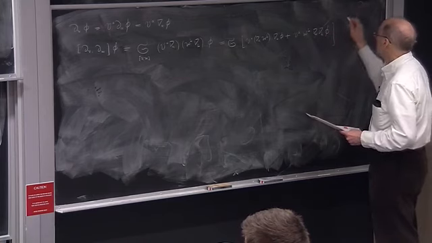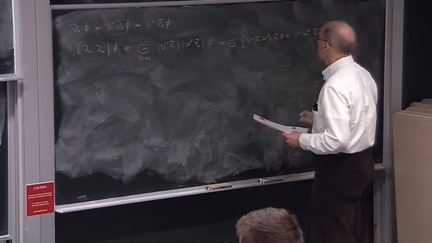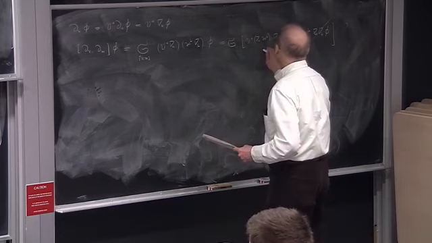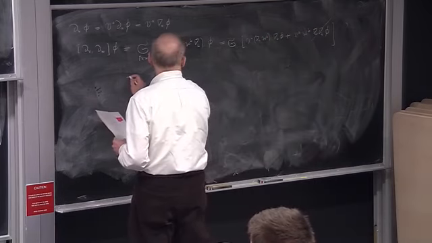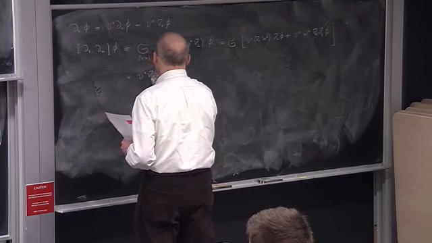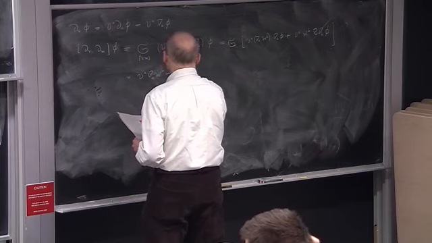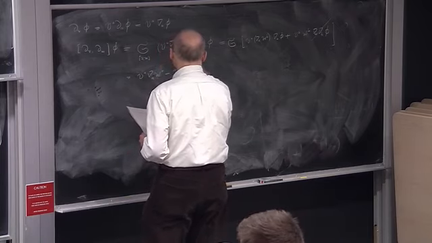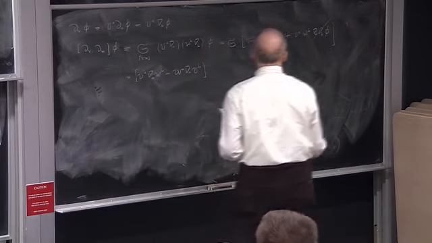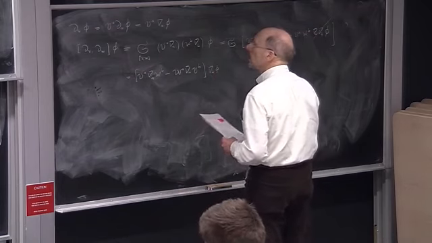So this gives 0, because it's anti-symmetrized in A and B. And then what's left is just anti-symmetrizing this term on A and B. So it's just equal to V^A grad A W^B minus W^A grad A V^B, and that whole thing acting on grad B phi.